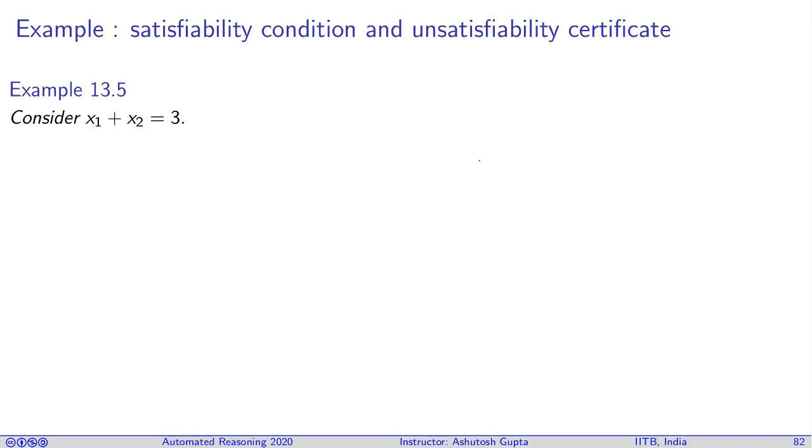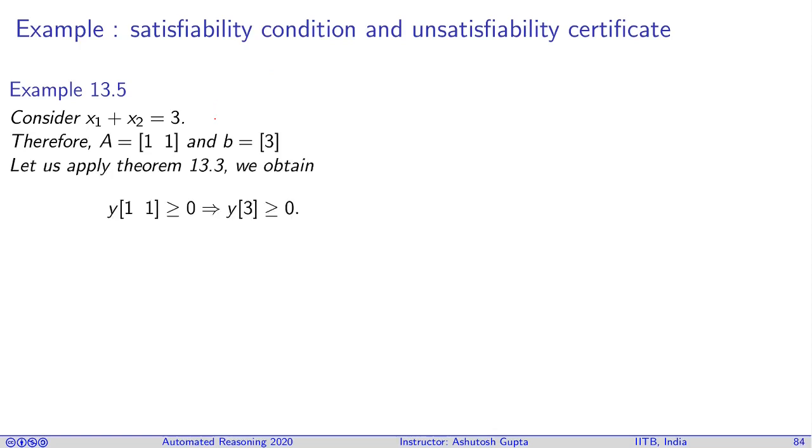So let's look at an example to get more intuition about this theorem. Let's suppose our A is 1 1, and you have x1 x2 equals 3. This is the same equation, and if we apply the theorem 13.3, the previous theorem, then you can easily see y times (1, 1) greater than or equal to 0 implies y times 3 greater than or equal to 0.